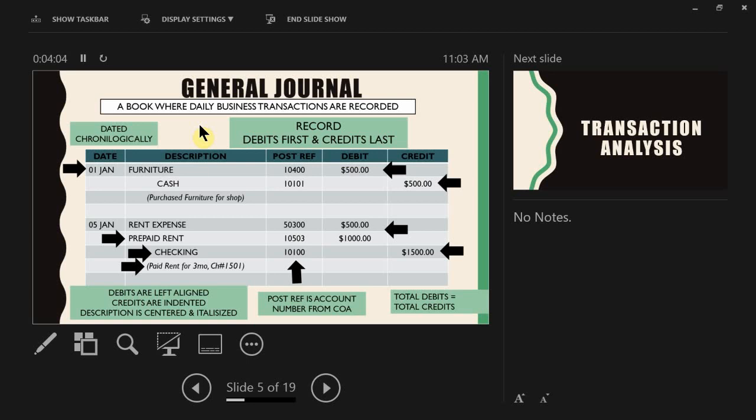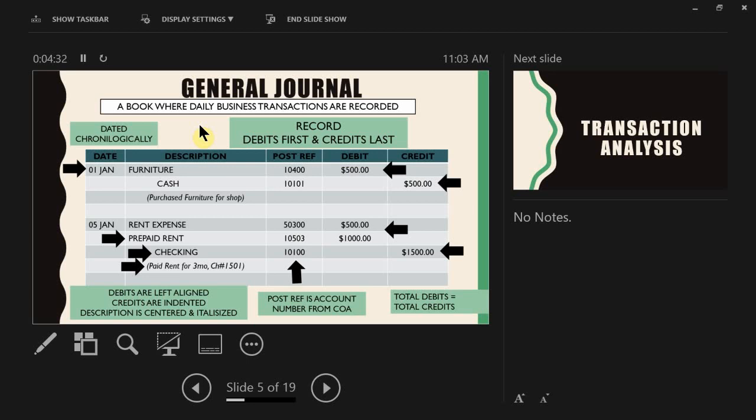We generally do it in chronological order, reason being because if you fall out of order for any reason, it's going to be difficult to find your information, as well as determine when did you actually buy it? If you put it in order, you can easily recognize it because it's already in order. And generally, if you're recording on a daily basis, it's going to happen in chronological order.